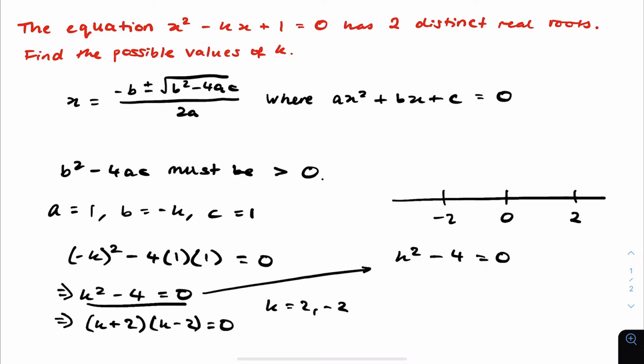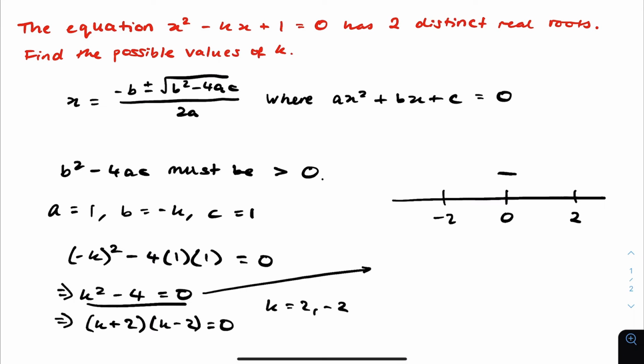If k is equal to 0, 0 squared minus 4 is less than 0, as negative 4 is less than 0. Hence, anywhere between negative 2 and 2 will give us a negative value, and therefore this region is wrong, because we want a positive value.